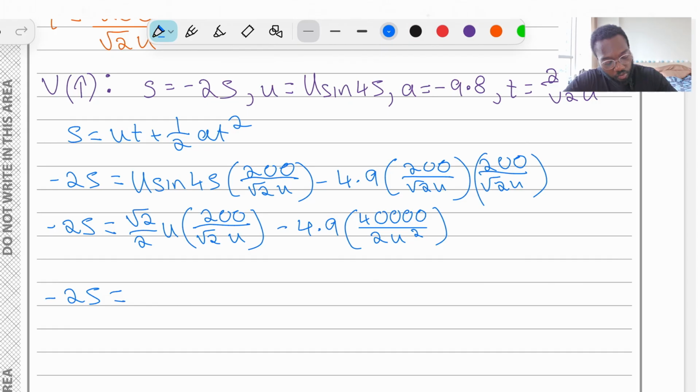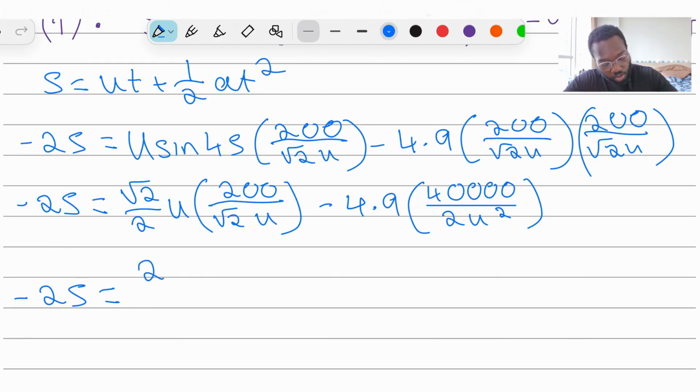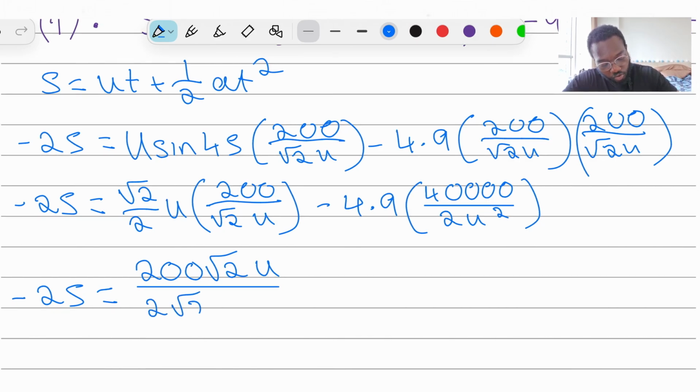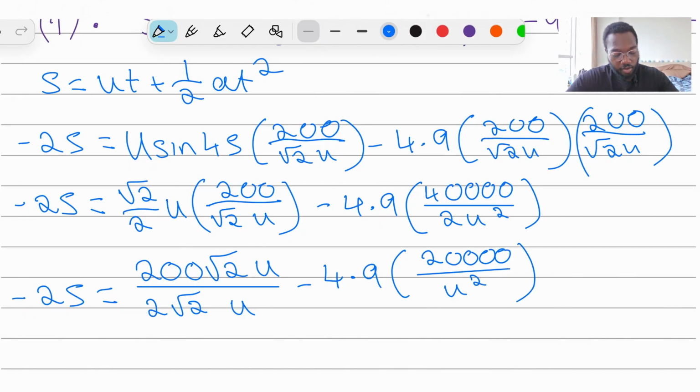Now for this one, we get root 2u times 200, so we get 200 root 2u over 2 root 2u. And this one we can simplify down a bit. We get minus 4.9, get rid of that 2, so we get 20,000 over u squared.